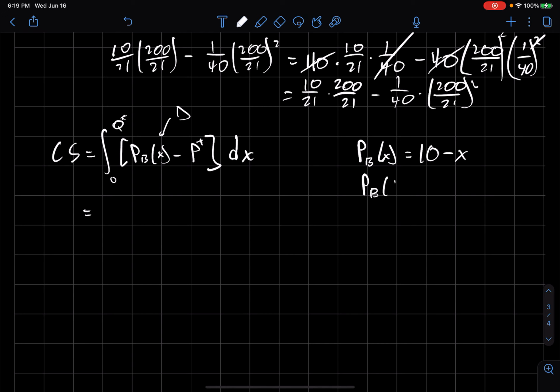PB as a function of QD is equal to 10 minus QD. We're just replacing for X. So this gives us 0 to Q star, 10 minus X minus P star dx.